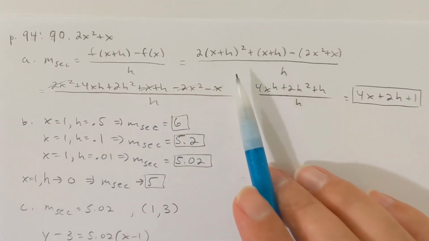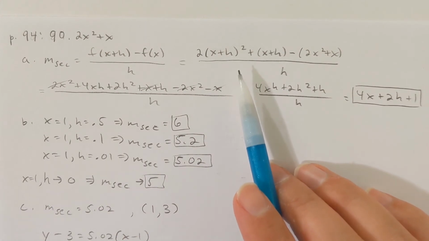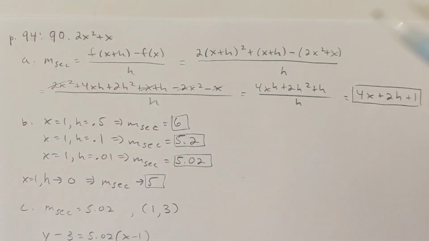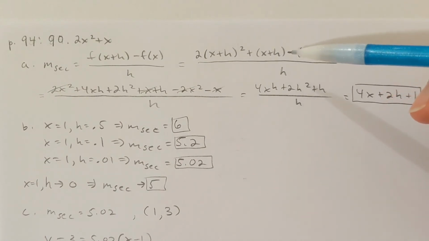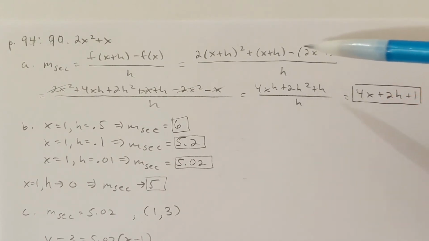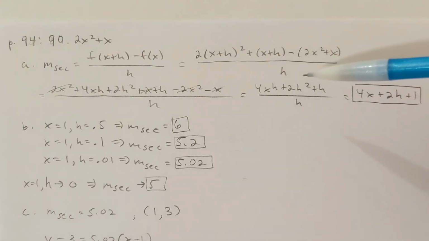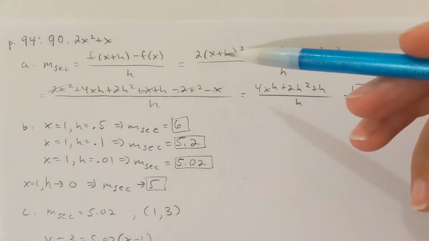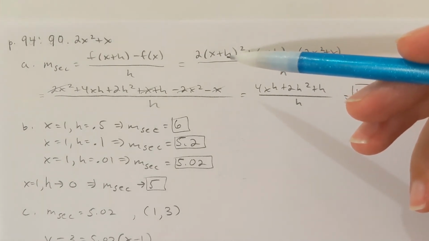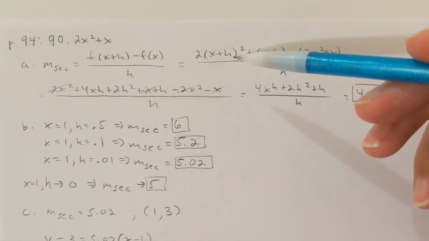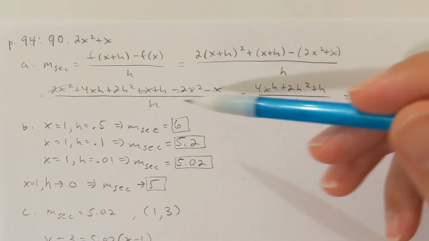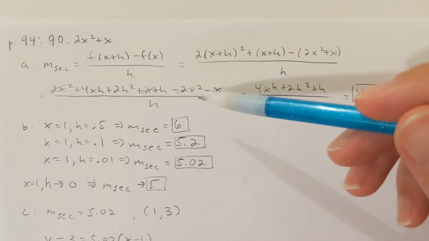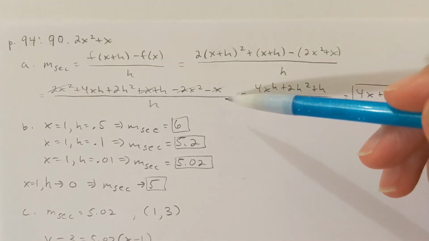Well, f of x plus h is 2 times x plus h squared plus x plus h, minus f of x, which means minus 2x squared plus x, all over h. I get 2x squared plus 4xh plus 2h squared when I FOIL this out and distribute the 2, plus x plus h minus 2x squared minus x.